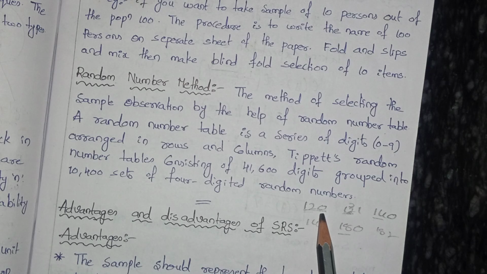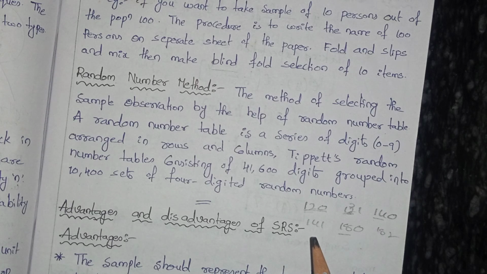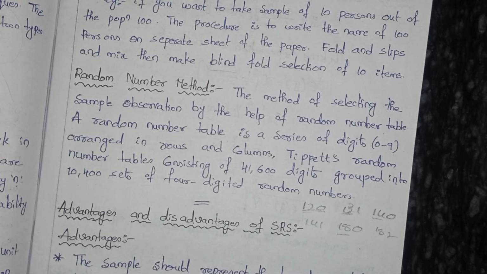The person who has number 120 will be in the sample. So like that, you can take any number of columns and any number of rows, and after that you can start selecting 2-digit, 3-digit or 4-digit numbers. So this is about the random number table.